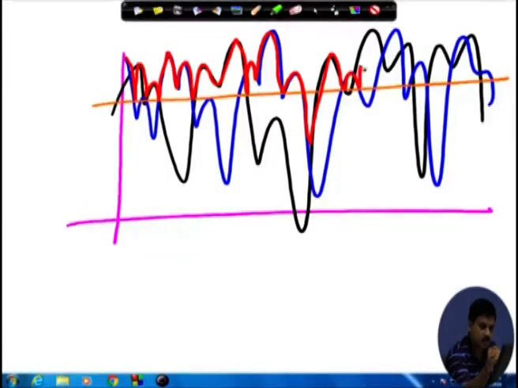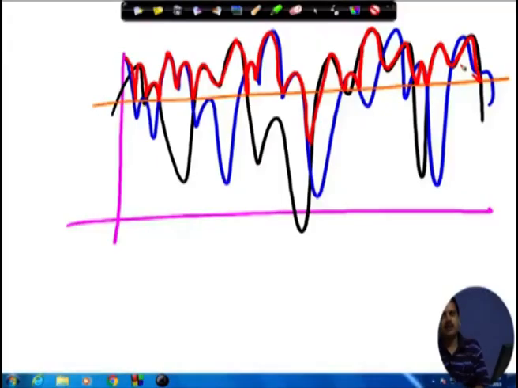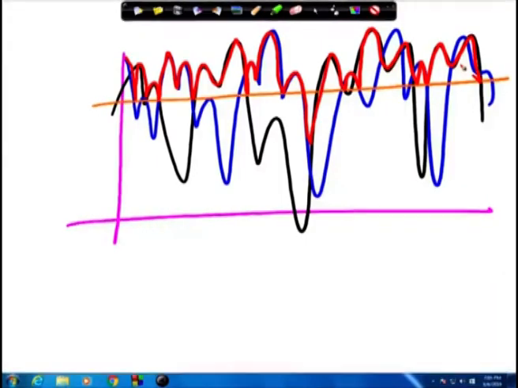Here it would cross over, at that point it would switch, and it would stick with the black. The advantage of this is that unnecessary switching is reduced in this technique, and the complexity can be well handled. So, this is a more practical technique which is also used in selection combining.